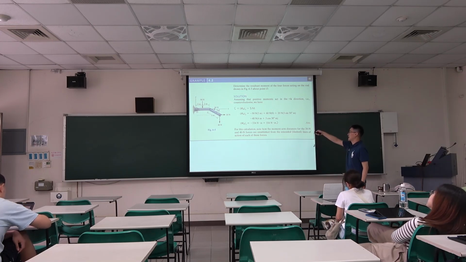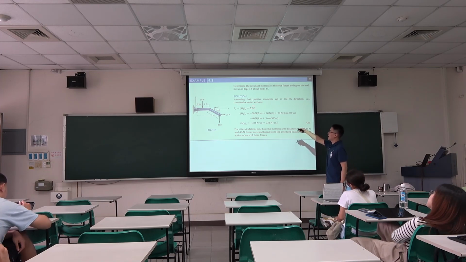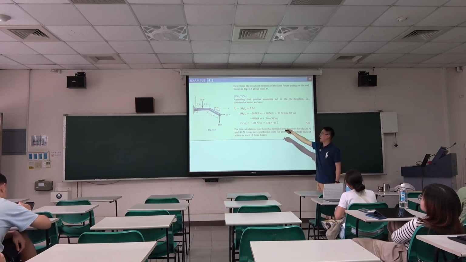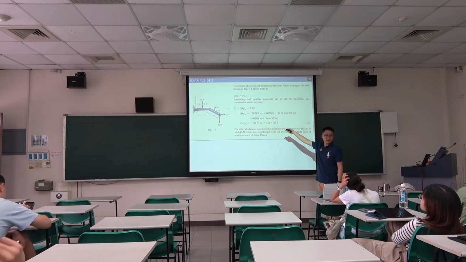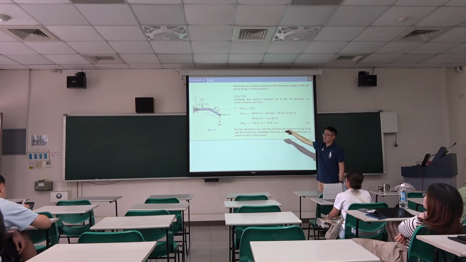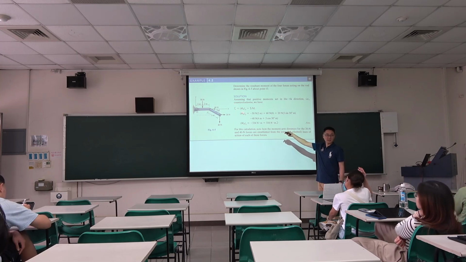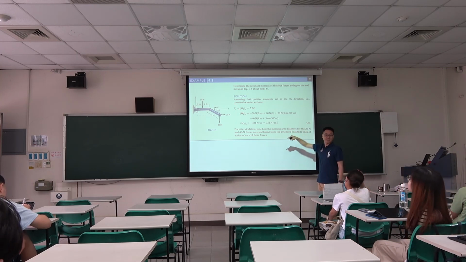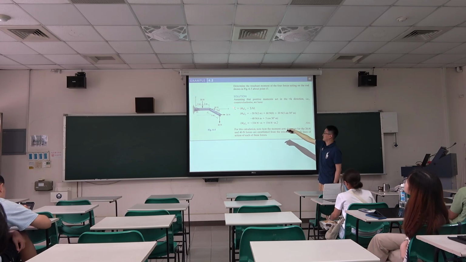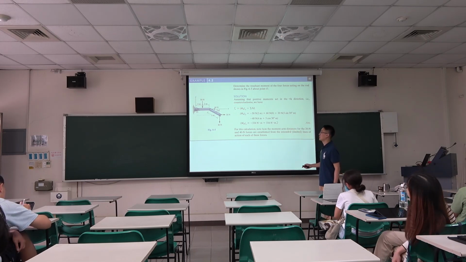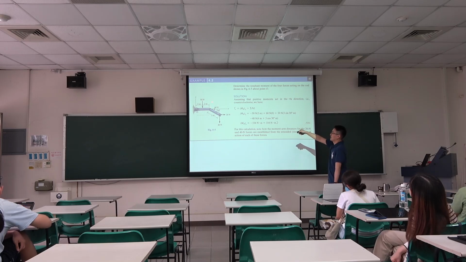For the calculation we work out the resultant moment, so we apply this equation. Then we have to define the positive moment direction. So counterclockwise is positive. So we look at each force.